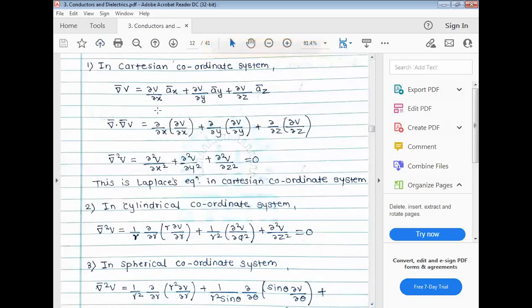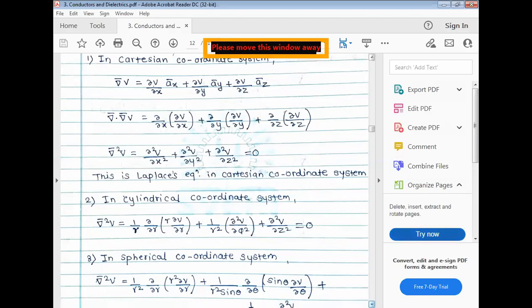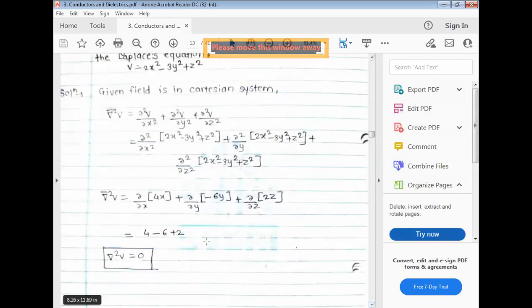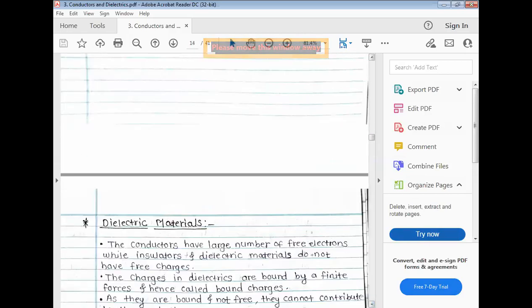Then we have seen the del square operator. We saw the del operator in the previous chapter, but here it is the del square operator, meaning we have to perform this operation 2 times, that is, take the derivative 2 times. Then this is an example.